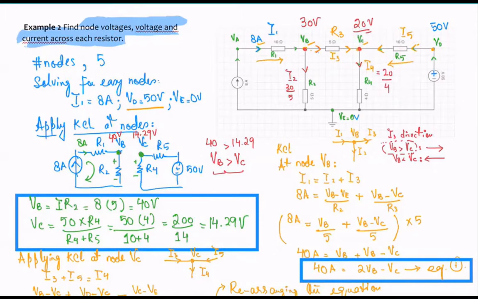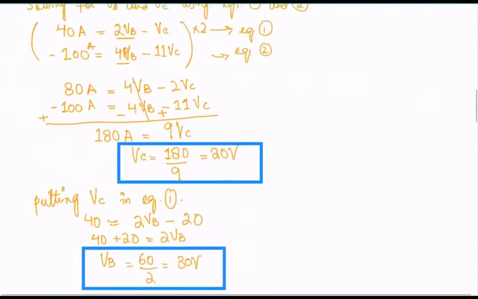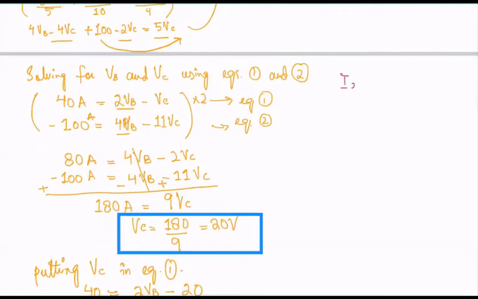Okay, so here you get 6 amps and here you get 5 amps. I can write down here I2 equals 6 amps and I4 equals 5 amps.